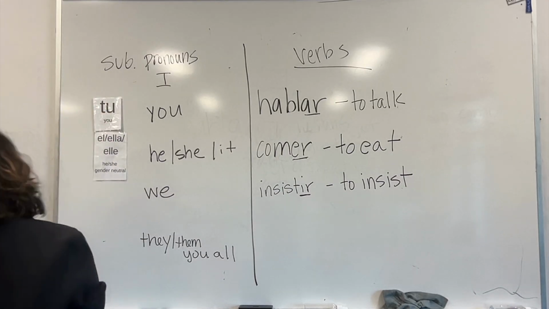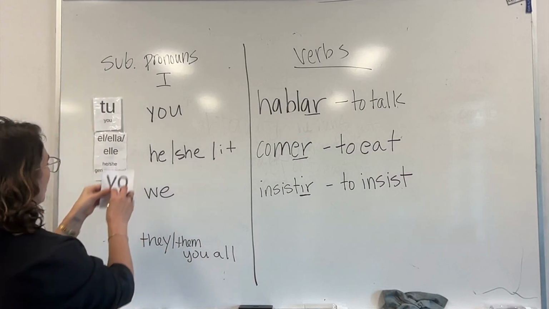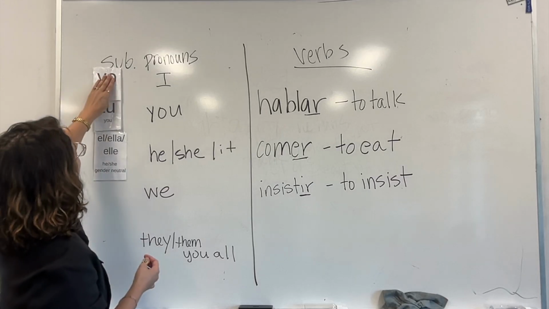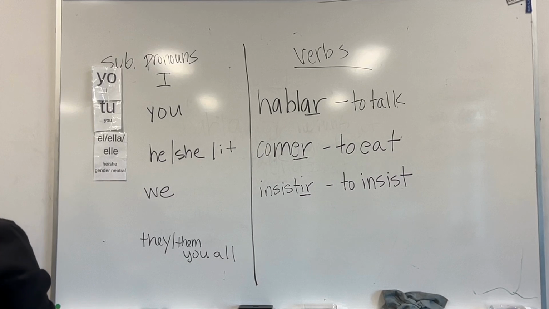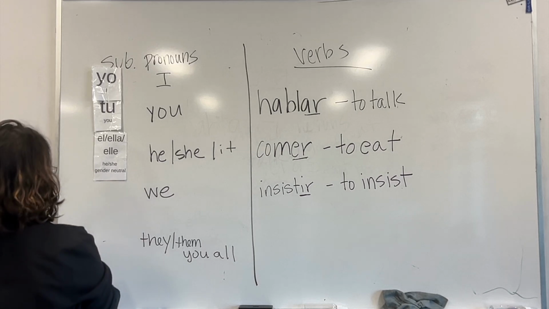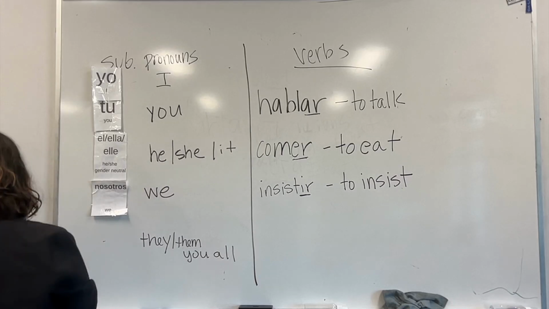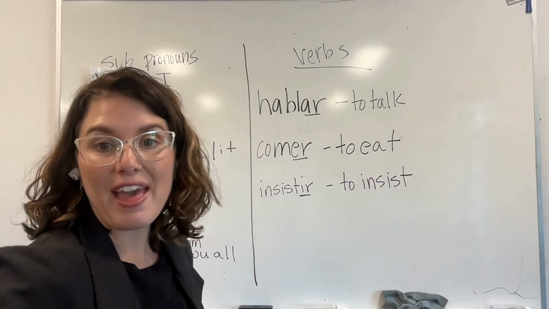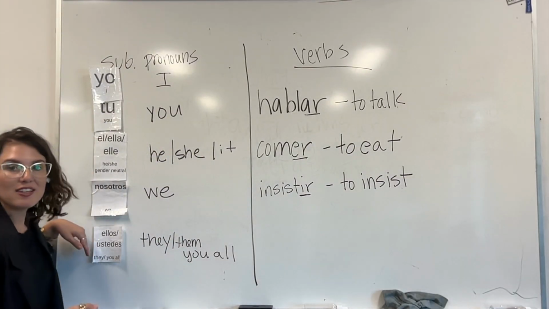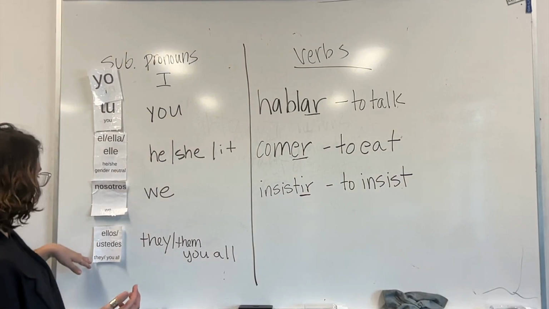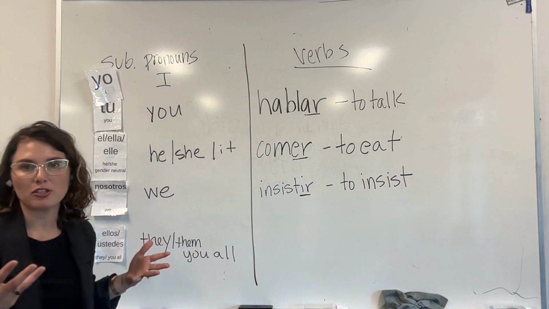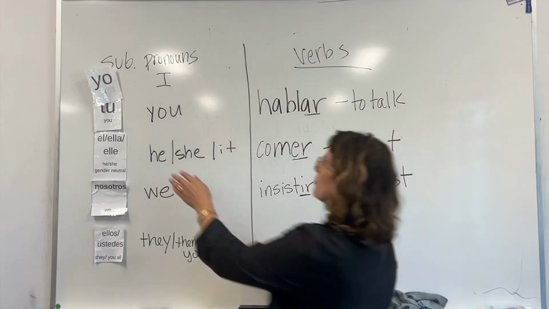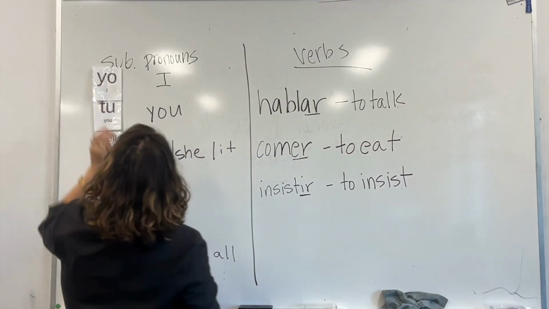Tú, yo, nosotros, and then we have ellos, which is they or them, ustedes, you all, similar to y'all, right? Okay, so now we have our pronouns over here. Let's make sure that's sticking well.